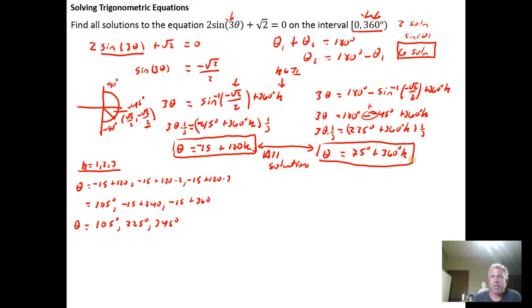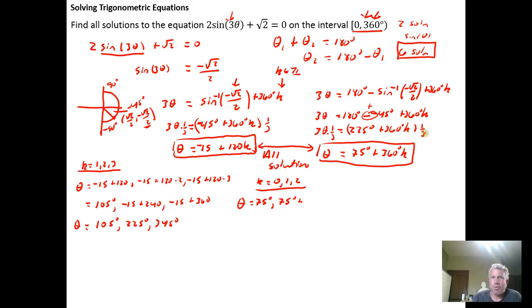And then we step over here, we can see if we let k equal 0, we're going to get a positive 75 degrees corresponding to an angle between 0 and 360. So to generate 3 solutions, it looks like it's going to be k equals 0, 1, and 2. So sliding those in, we get theta equals 75 degrees plus 360 times 0, which is just going to be 75 degrees. We're going to get 75 degrees plus, I did 1/3 of 360.